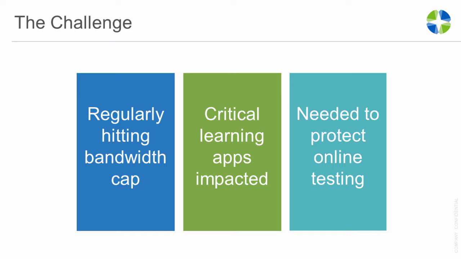Videos buffer, and testing gets delayed, and processes are problematic. So we knew we needed something to be able to help us out with all of this. We needed to protect the online testing, which is kind of new to all of our districts, that a timely app for testing is necessary to get that to happen seamlessly.